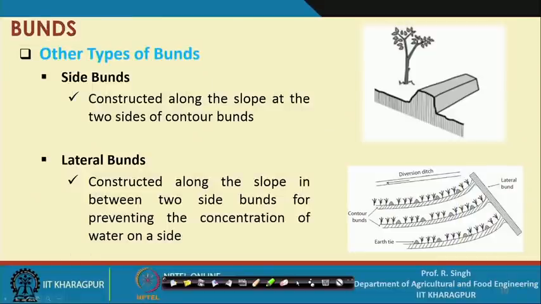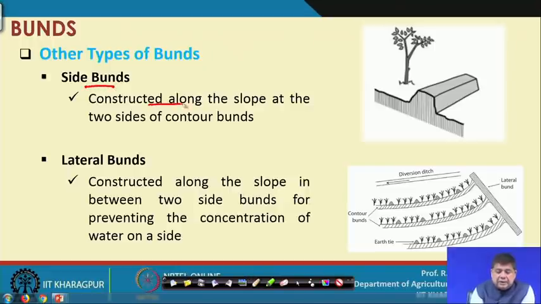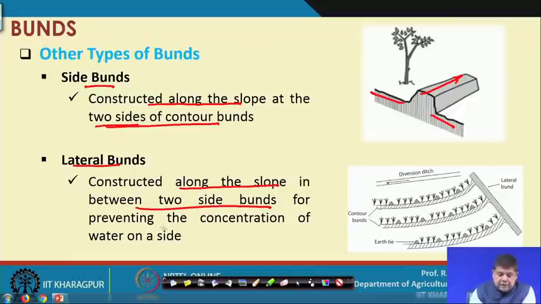Then there are some other types of associated bunds also. For example, side bunds. These side bunds are constructed along the slope at the two sides of the contour bund, while the contour bund itself is across the slope. Then another category is lateral bunds, which are constructed along the slope in between two side bunds for preventing the concentration of water on a particular side.